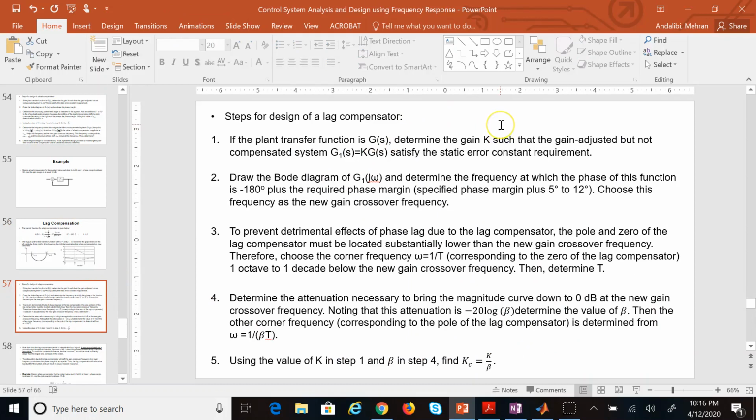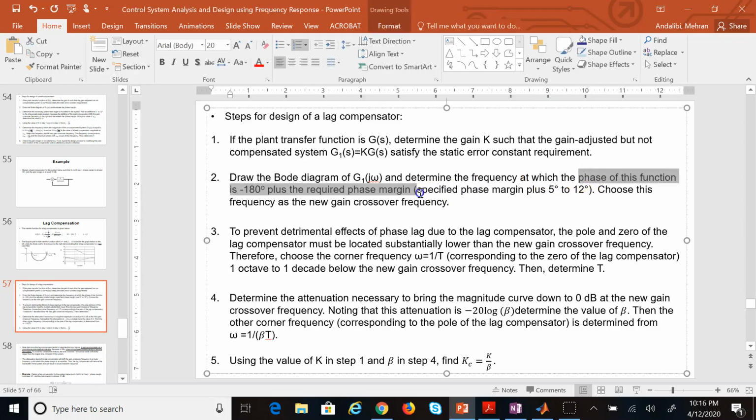And then we redraw the Bode plot of the gain modified system. So if we define G1 to be K times G, we draw the Bode plot of G1, and then we determine the frequency in G1 at which the phase of G1 is negative 180 plus phase margin.